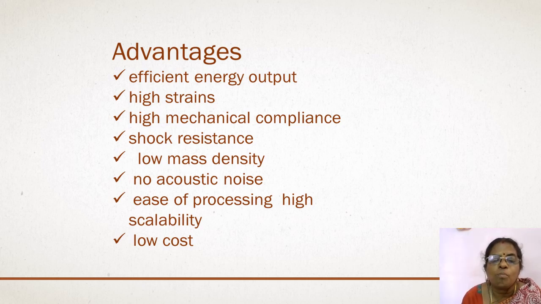It possesses low mass density with no acoustic noise, which makes for easy application in industries. Ease of processing and high scalability, which is very important for a polymer. Low cost. I told you cost is an important factor for any smart material. So it has low cost.